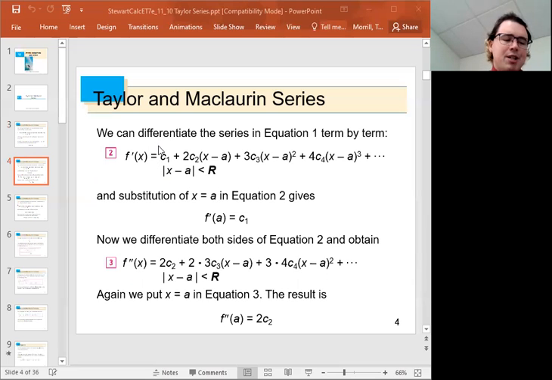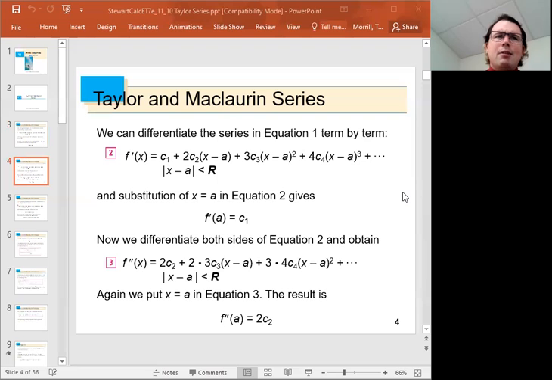That's the same coefficient from my previous slide. Then I've got twice C2 times x minus a, 3 times C3 times x minus a squared, 4 times C4 times x minus a cubed, and so on.